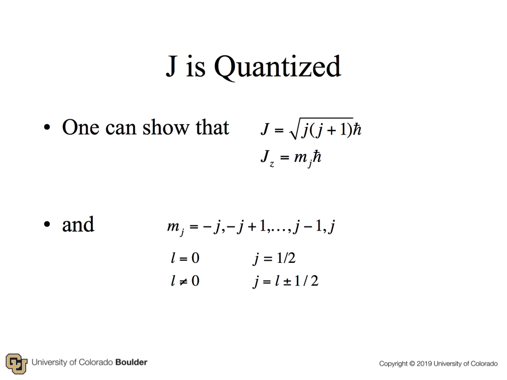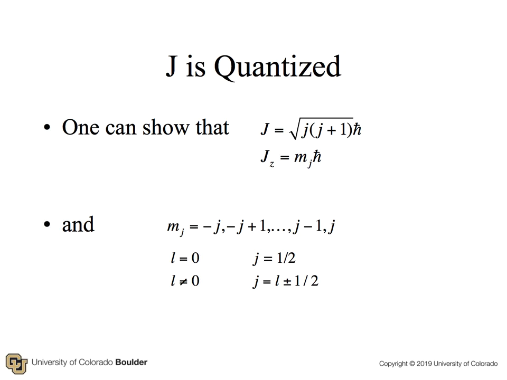And in addition, like orbital angular momentum, the z component can be quantized, and so that introduces yet another quantum number, m sub j. And there's a restriction on the value of m sub j. Clearly, it can't be bigger than j, since it's just one component of j. So it can take on the values of minus j to j in integer increments.